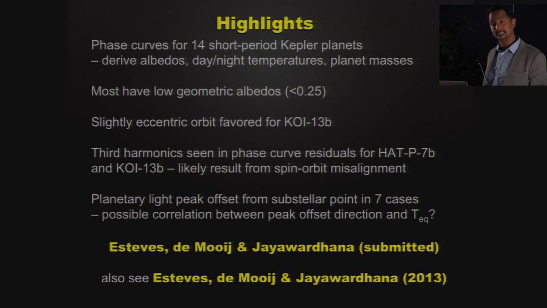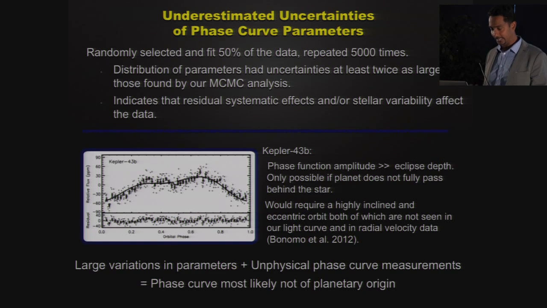The third harmonics are seen for the first time in 2 hot Jupiter planets, which may be the result of spin-orbit misalignment. The most intriguing bit of the study, as I said, is that there may be a possible correlation between the peak of the planetary light and the equilibrium temperature of a planet. Whether this holds with a larger sample is yet to be known.